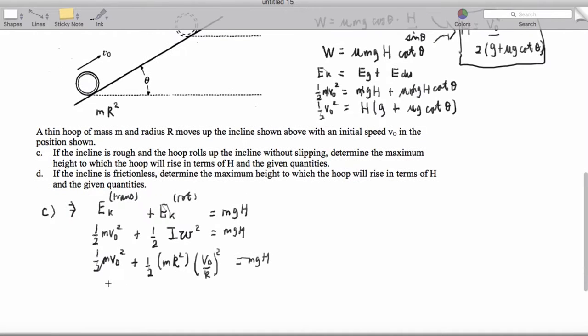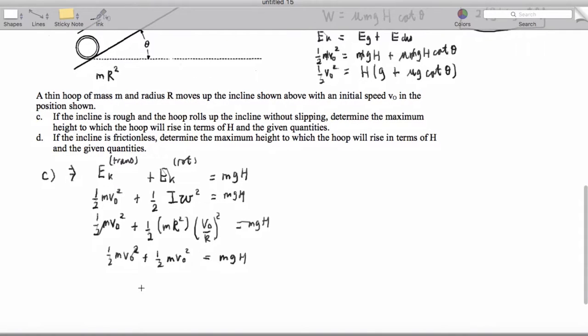If we simplify this further, we're going to get 1/2 mv naught squared plus 1/2 mv naught squared equals mgh. And so we're going to get a height of v naught squared over g is the height.